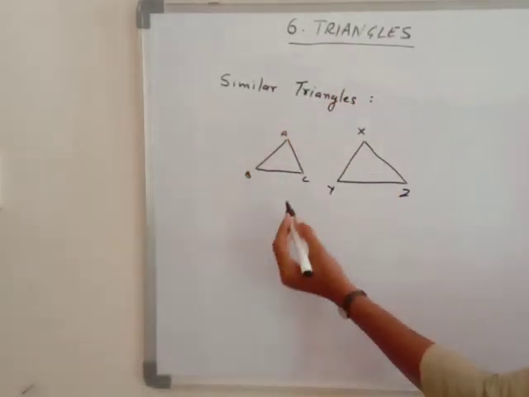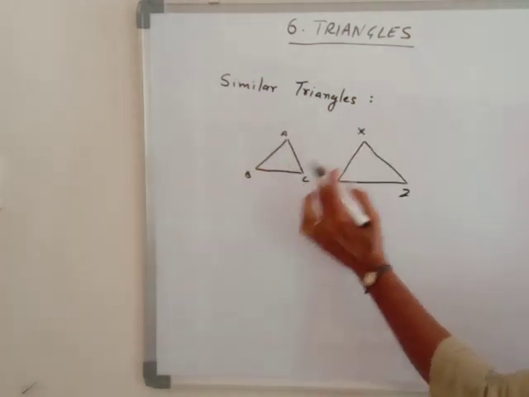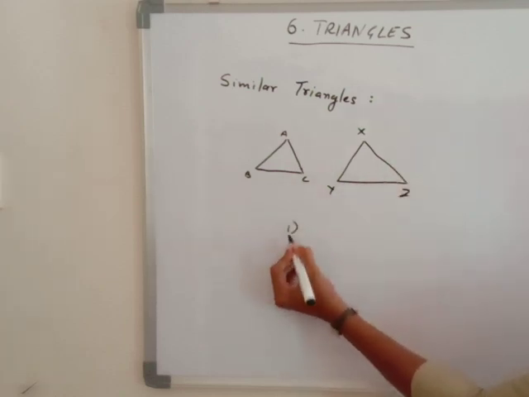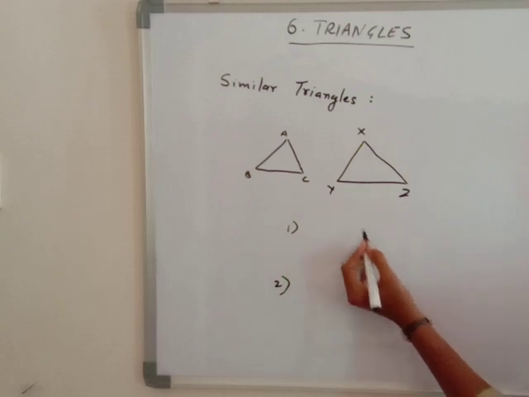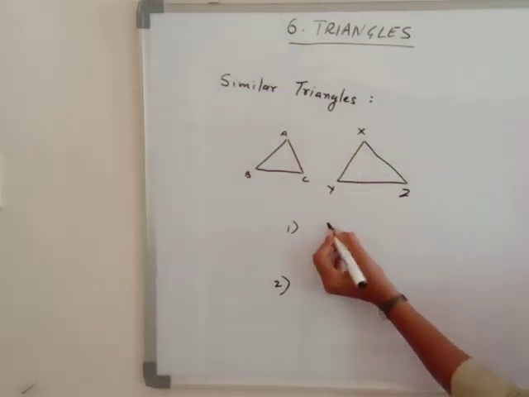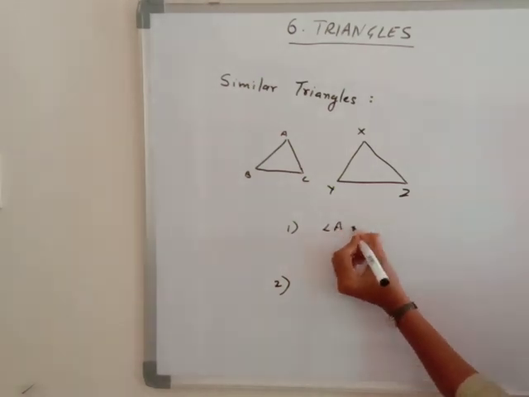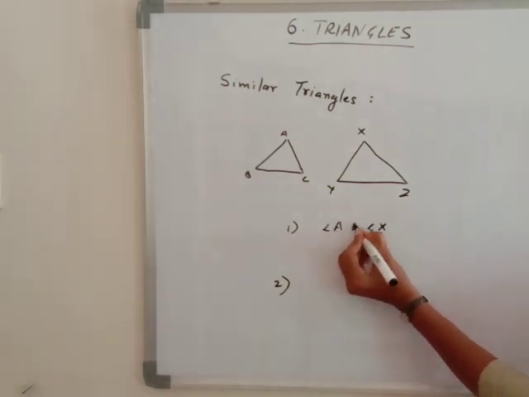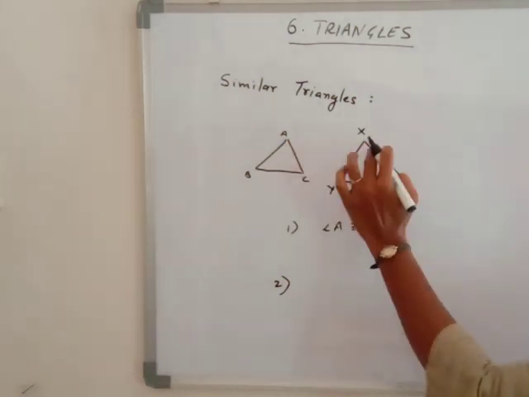Similar triangles. Triangle ABC is similar to triangle XYZ if and only if it satisfies two conditions. Which are those two conditions? First, corresponding angles must be equal. That means angle A must be equal to angle X, or we say angle A must be congruent to angle X. If it is 40, it must be 40.